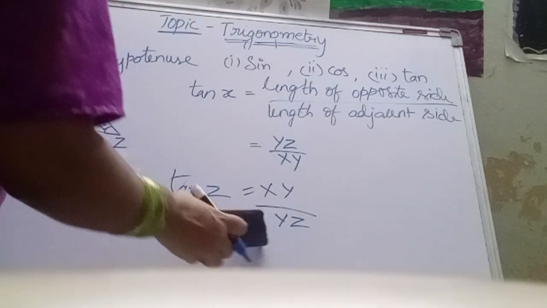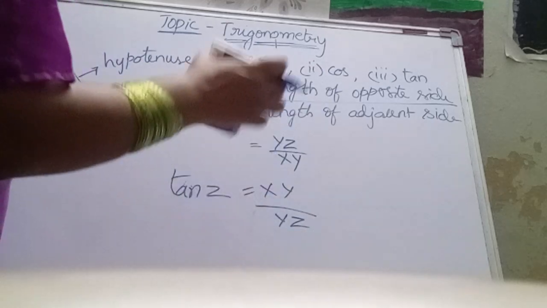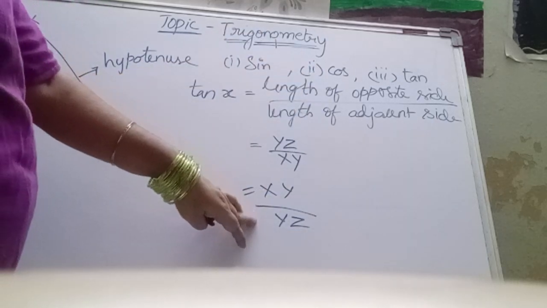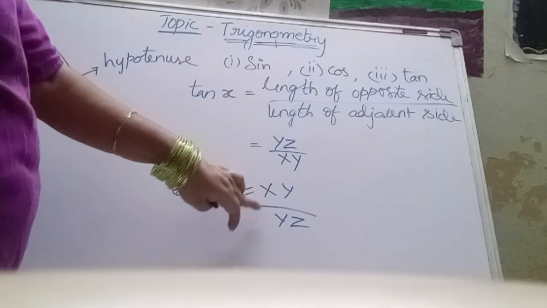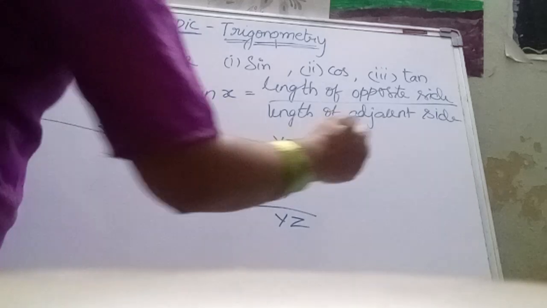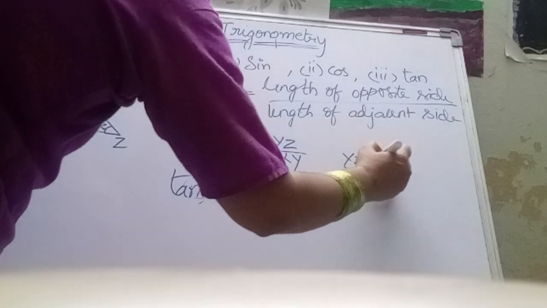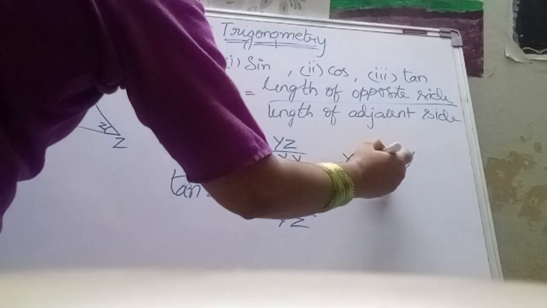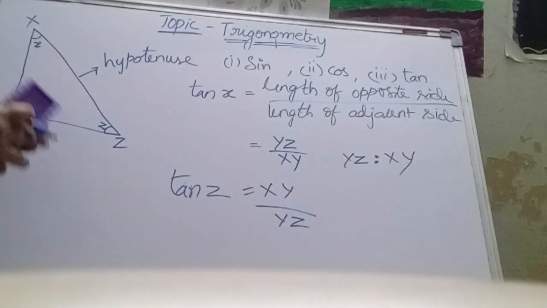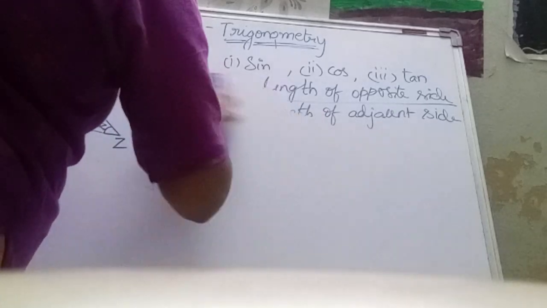We call these trigonometric ratios because these are in the form of P by Q. We can write them as yz is to xy. Like this also we can write, right? So we call them trigonometric ratios.